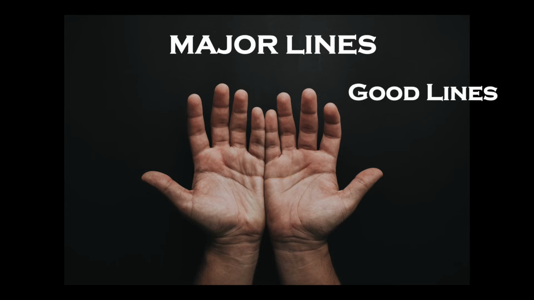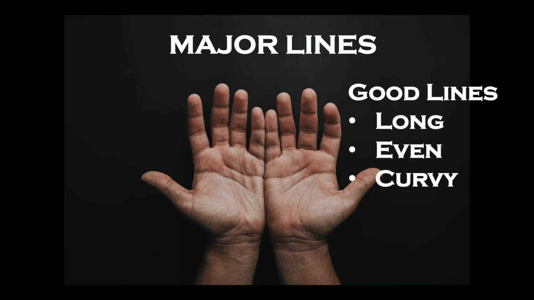Like I mentioned earlier, we hope that these lines are better. What I mean is that the ideal line should be long, even, curved, and uninterrupted. So, the lines on the hand should be as close to these ideal lines as possible.